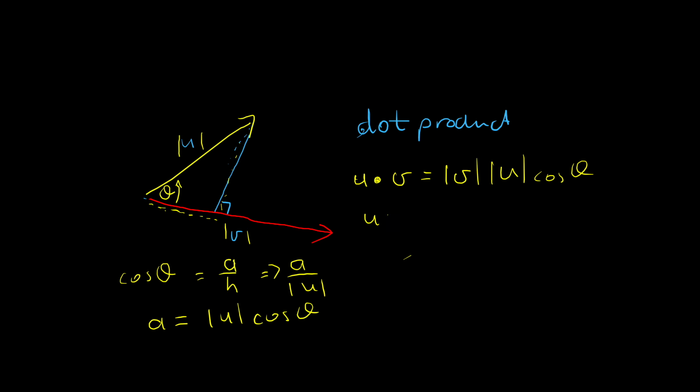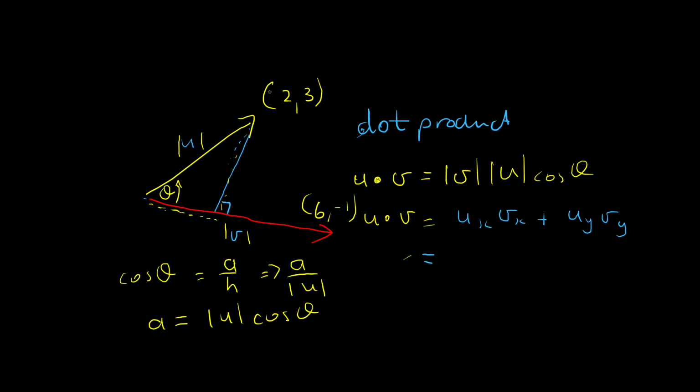There's also another formula that we use. If we've got the coordinates, say this coordinates is 2, 3, and this coordinates is 6, -1, to get the dot product, if you've got the coordinates, you can just say it's the x multiplied by the x of the other vector plus the y of the first vector multiplied by the y of the second vector.